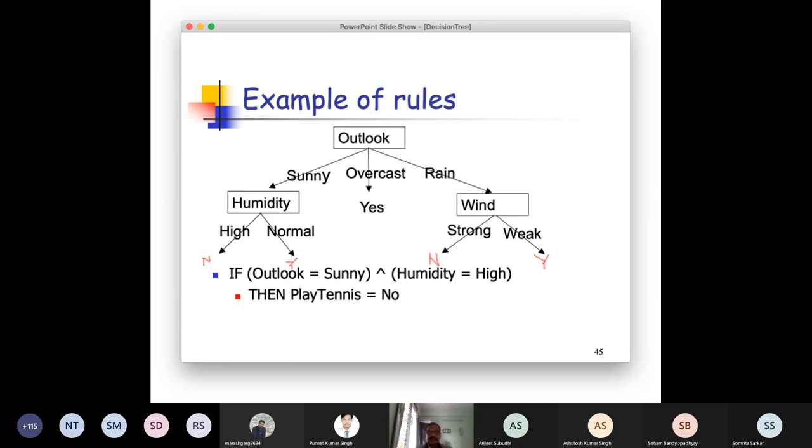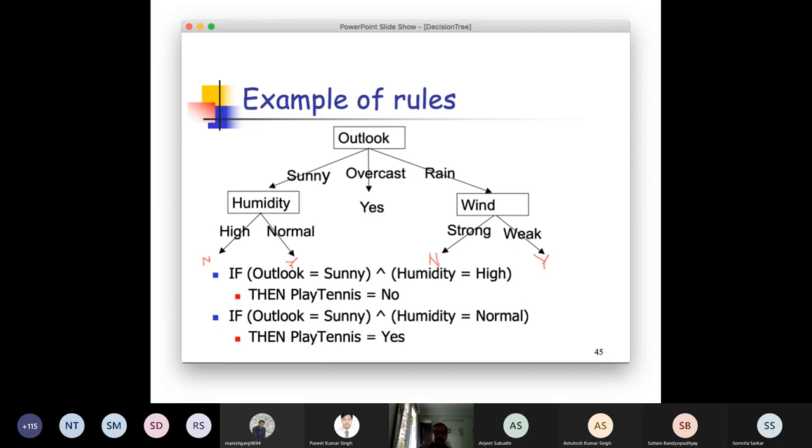So this is one rule. Similarly, this is another rule. If you consider these two leaf nodes, then for each leaf node you have a rule. So this is one leaf node with label n. This is another leaf node with label y. So this path will give you this rule, and there are two clauses.